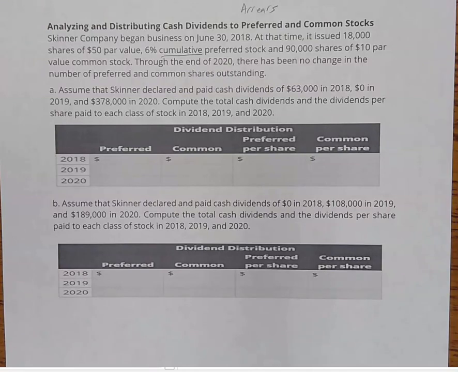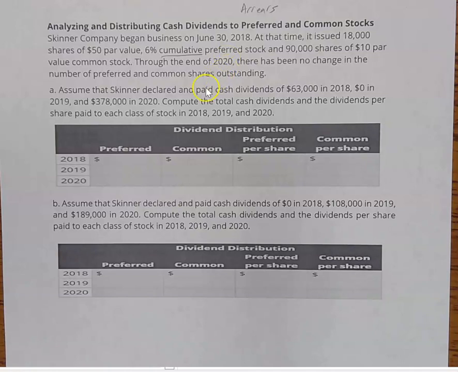Okay, so the first thing we have to do is calculate how much the preferred stockholders are supposed to get each year. And by the way, the formula for calculating the annual dividends, whether we're dealing with just regular preferred stock or cumulative preferred stock, is the exact same.